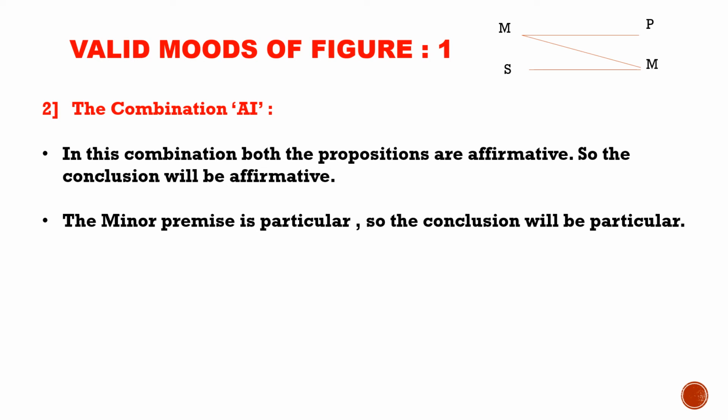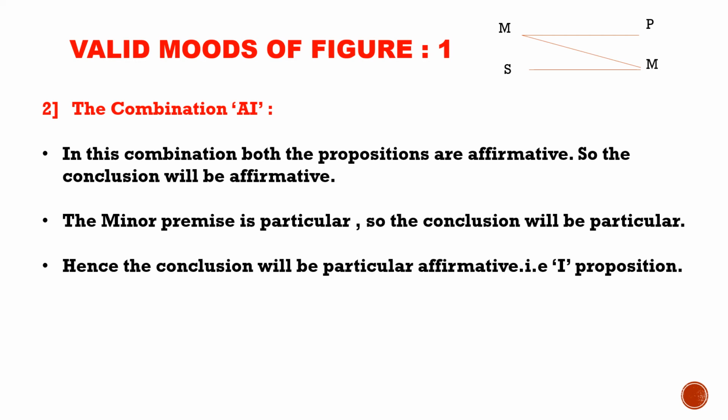This is the corollary rule of syllogism. So the conclusion has to be particular affirmative, that is I. So this mood is AII, and it is called Darii.